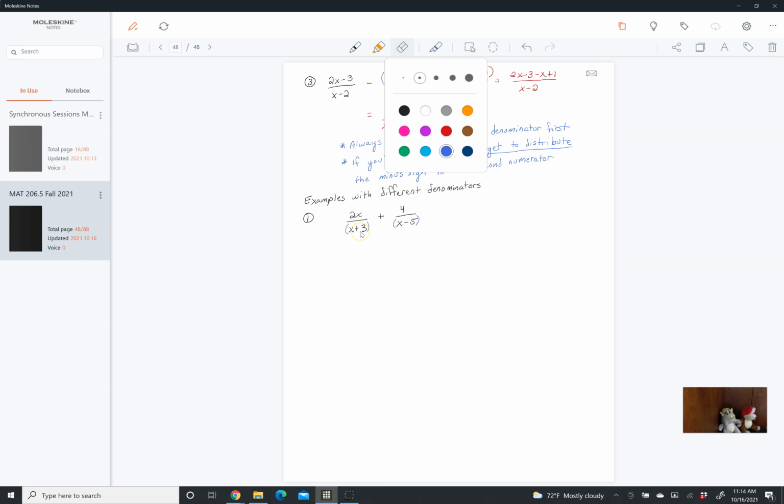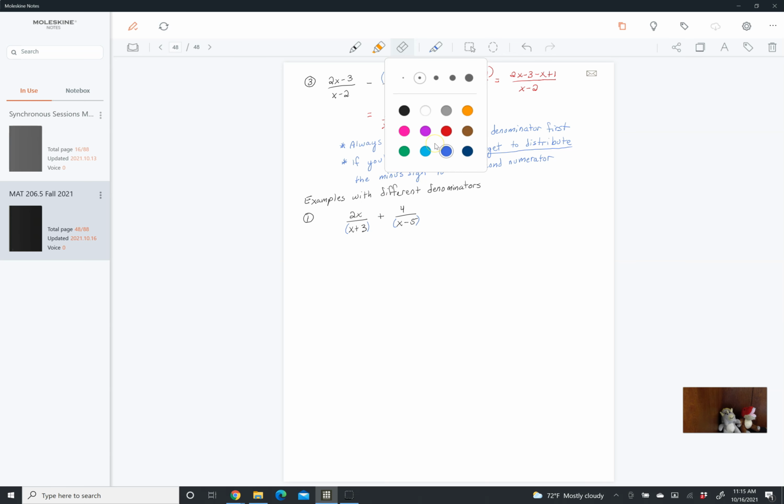So this denominator has the unit x plus 3. The other denominator has the unit x minus 5. So what does the second denominator have that the first one doesn't? X minus 5. Okay? And that's what you're going to multiply the first fraction by.